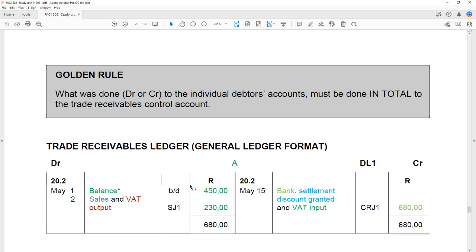And that's basically our balance plus what he bought is 680. So he basically settled his account, he or she.